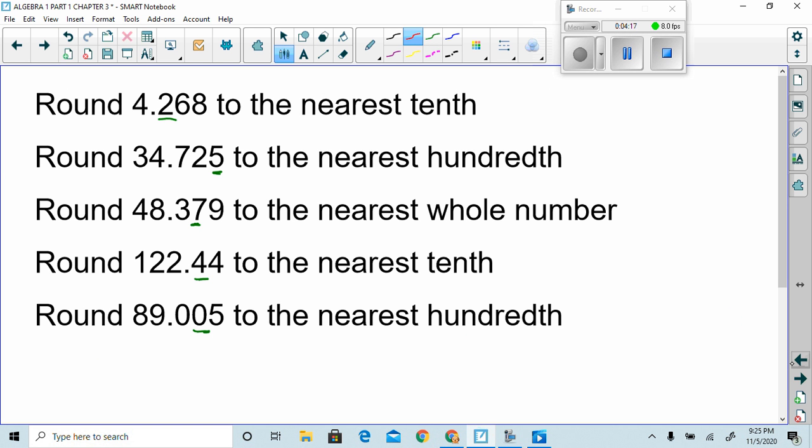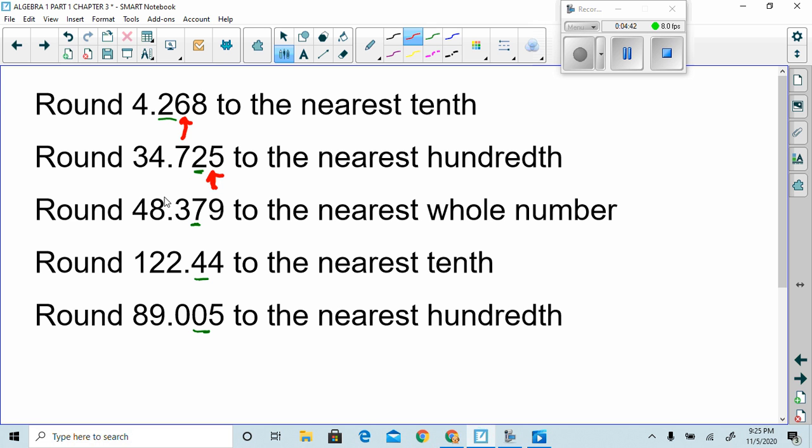So again, let's try a few roundings. I have underlined the digit that I want to round to, and then I look to the right. And this number here is telling me whether to round it up or round down. Again, rounding something to the nearest hundredth, I look to the right, and it tells me whether to round up or round down.